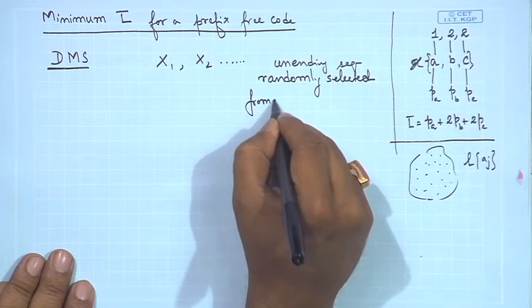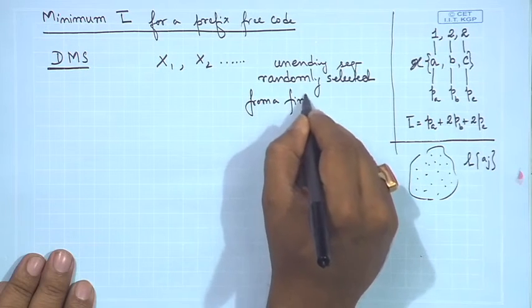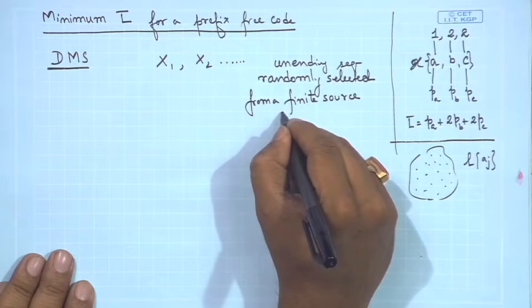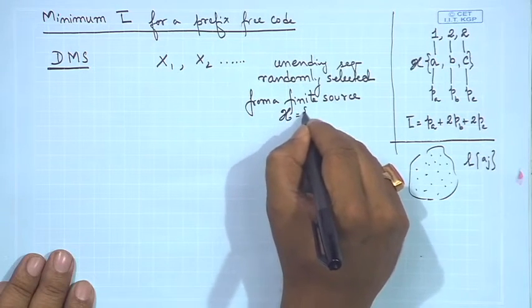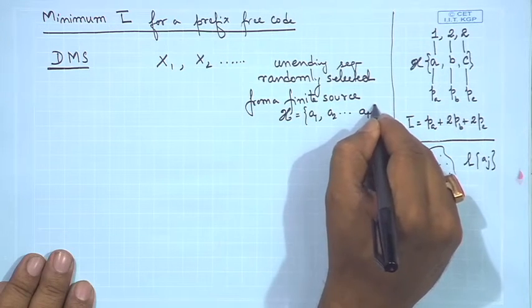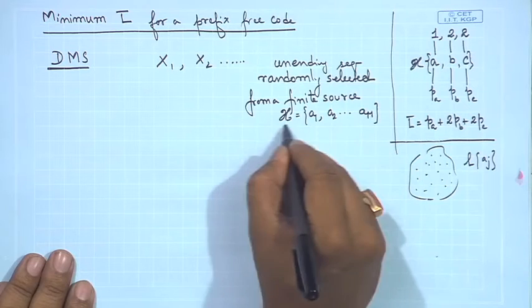from a finite source, let us say X, which contains A1, A2, up to AM. So, this is the source alphabet.